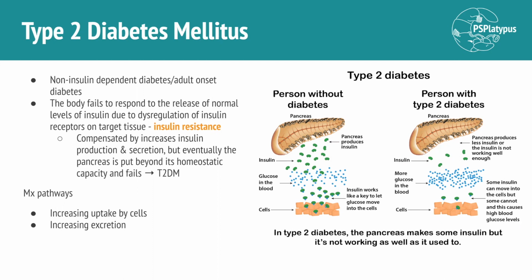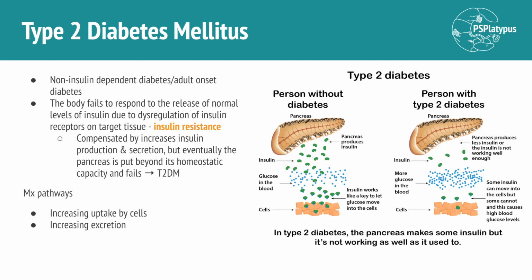In type 2 diabetes, the body fails to respond to the release of normal levels of insulin due to dysregulation of insulin receptors on the target tissue. This is known as insulin resistance, making it harder for the body to respond to increases in glucose levels with normal insulin release.